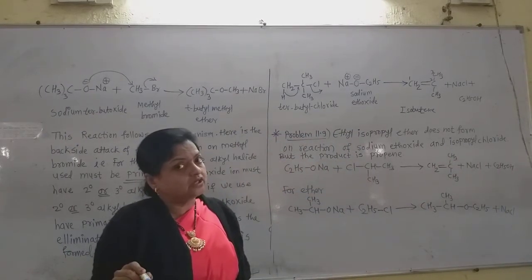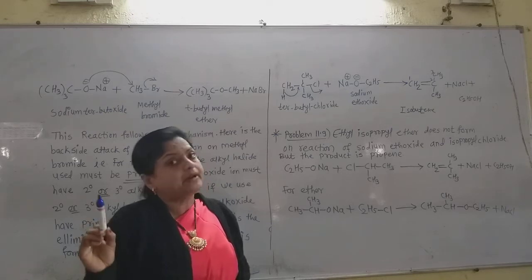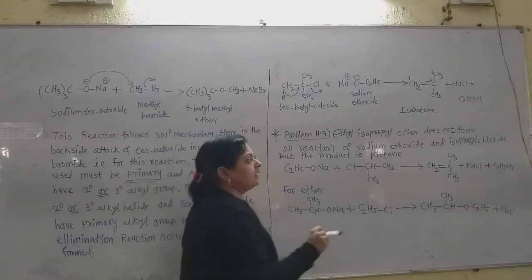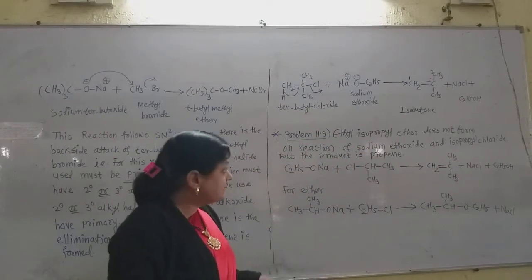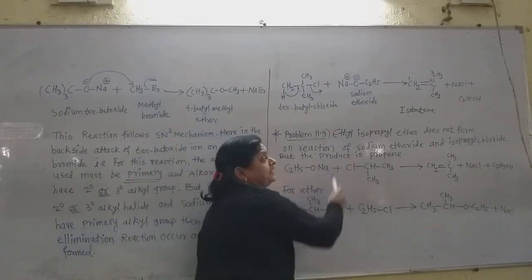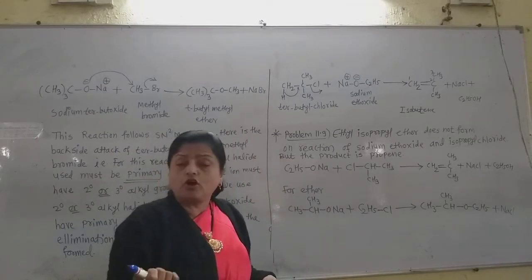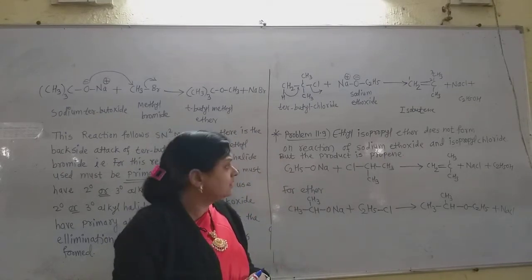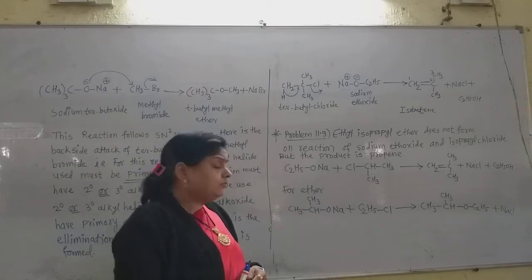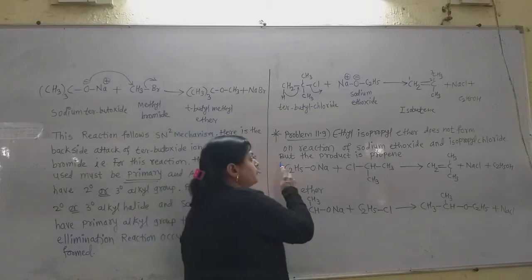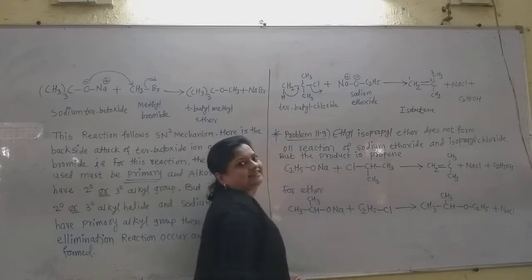To form the ether, the alkyl halide must contain a primary alkyl group. But here is a secondary alkyl group in the alkyl halide. So they said that ethyl isopropyl ether does not form. Instead of that, what is formed? There must be an alkene formed.